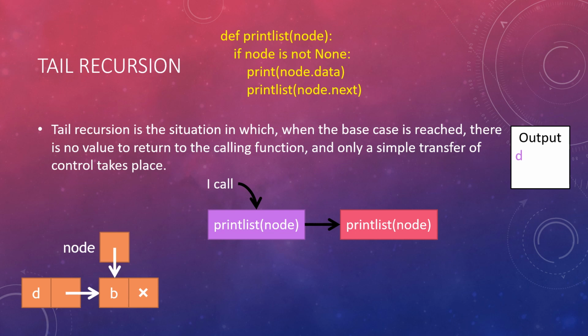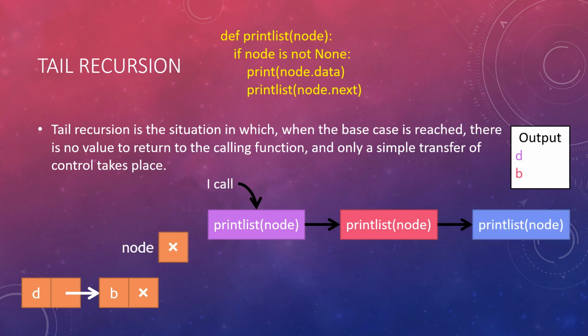Now, this function checks if the pointer it is given is not none, and it is not none. So it prints the data of this node, which is B. And then it calls the print list function for the pointer inside this node.